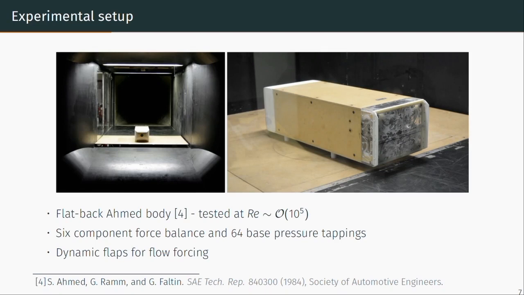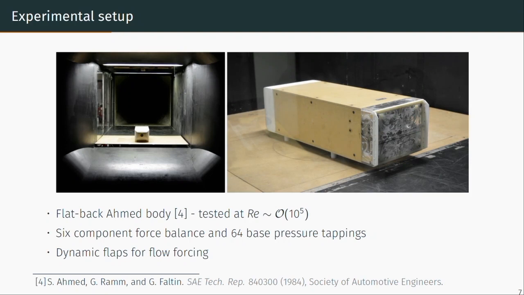For measurements, we had a 6-component force balance underneath, so we could accurately measure the lateral forces and the drag. We also had an array of pressure measurements on the back. These were used for feedback control purposes as our measurement, and also to analyze what's going on in the flow. And then the final crucial feature, in order to have actuators with which we could try to control these features in the flow, was these dynamic flaps.